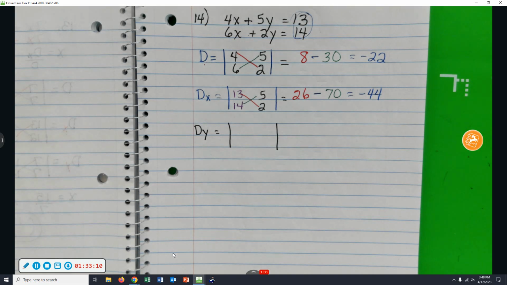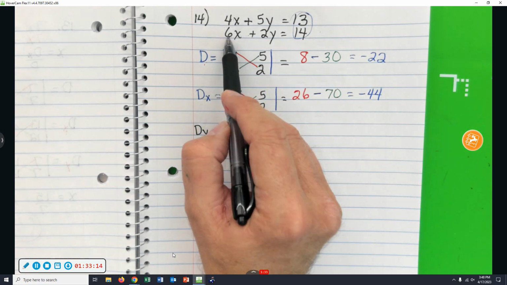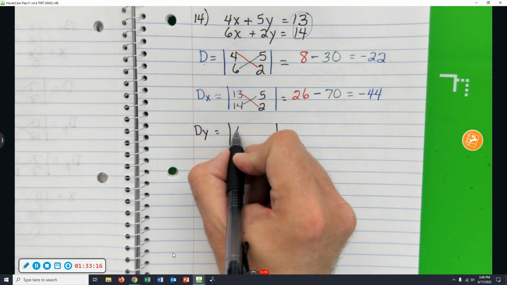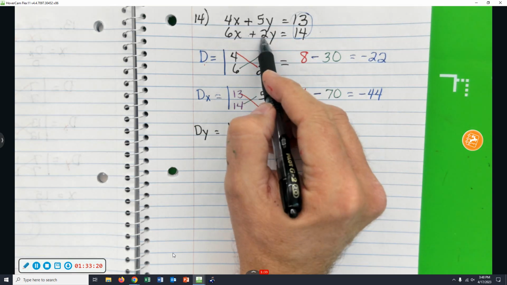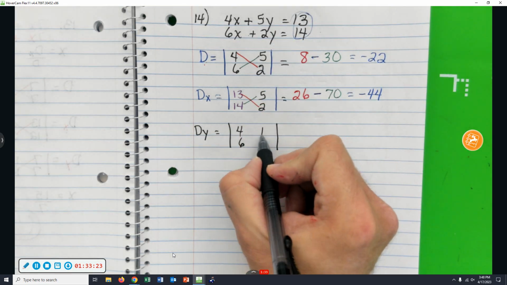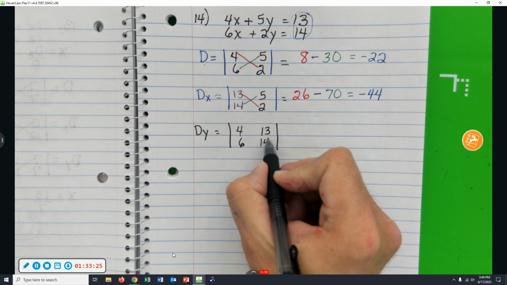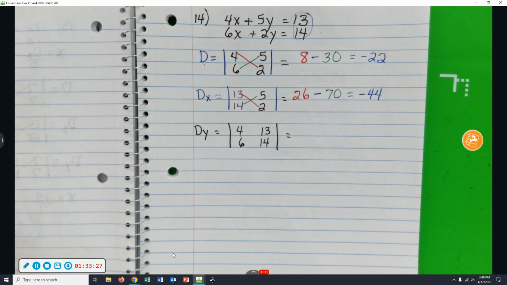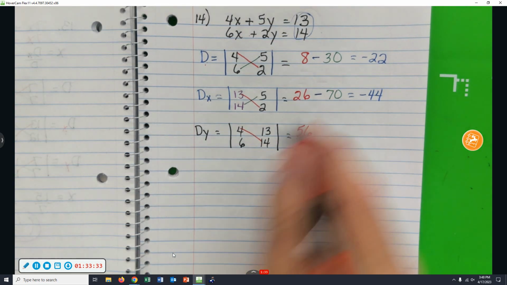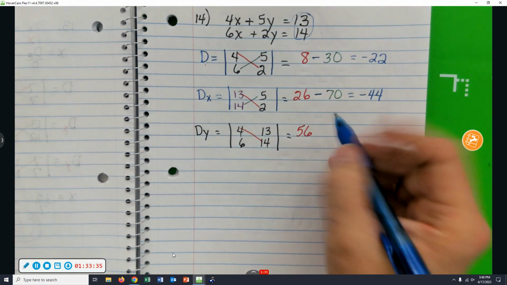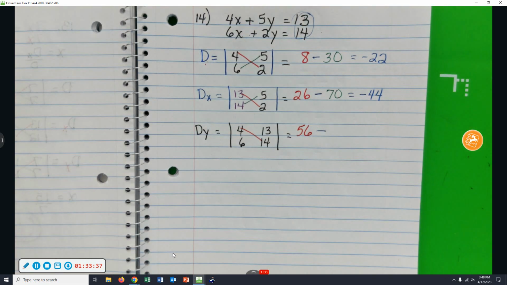This time you leave the x's alone and replace the y's with 13, 14. 56 minus 78.